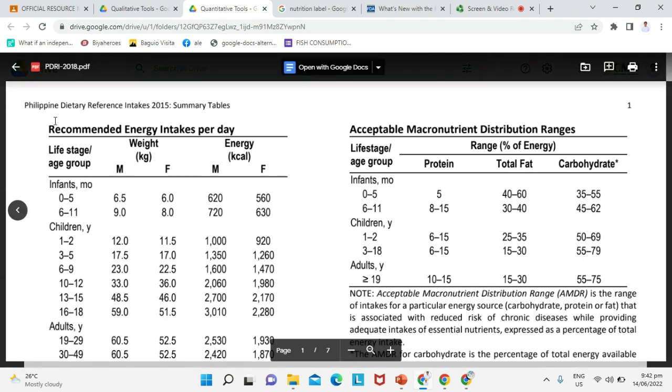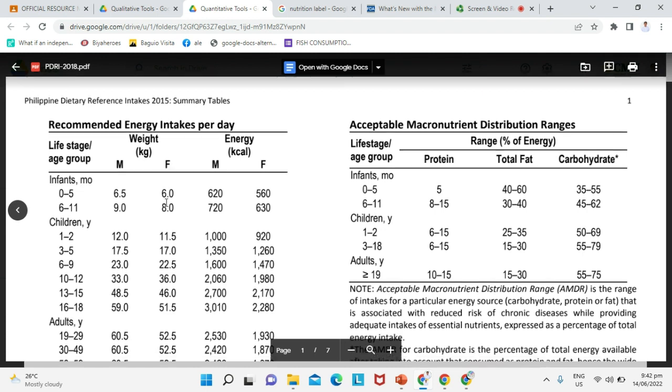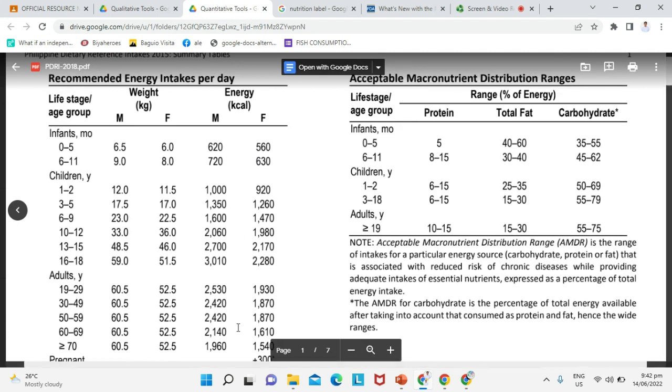We have the recommended energy intakes. Kani siya, para lang ni siya sa calories. Okay? So, for example, you are male, 19 years old, so imong need per day is 2,530 calories per day. So, mao ni kinahanglan nimong energy requirement. Okay?